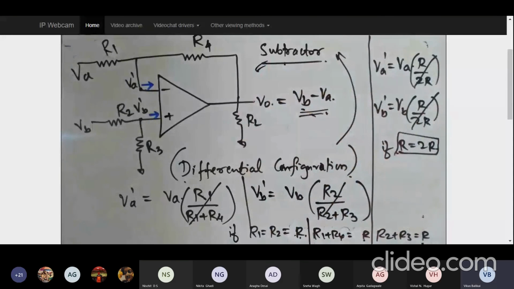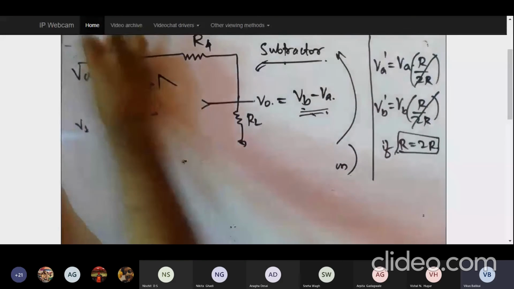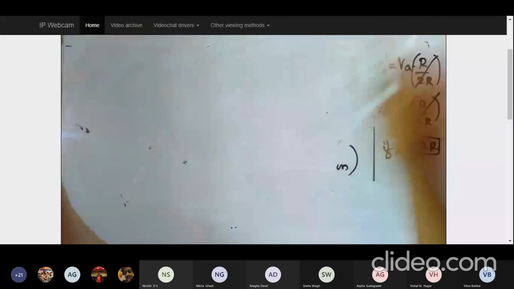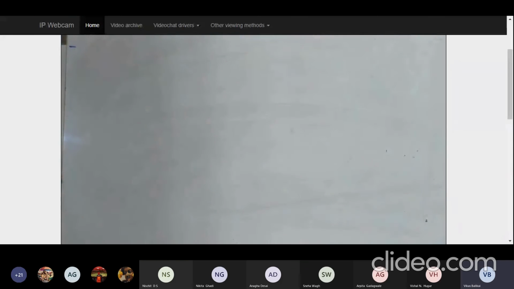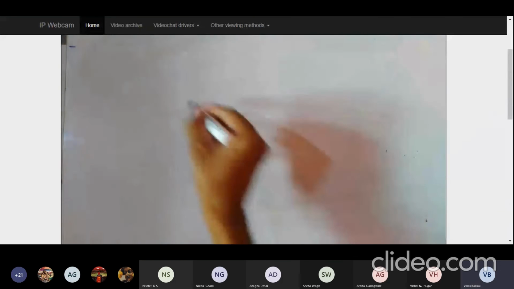Now let's try to understand how the op amp can behave as a summing amplifier in the differential configuration. So let me rub this entire thing again. The basic circuitry for my op amp would again be something like this.